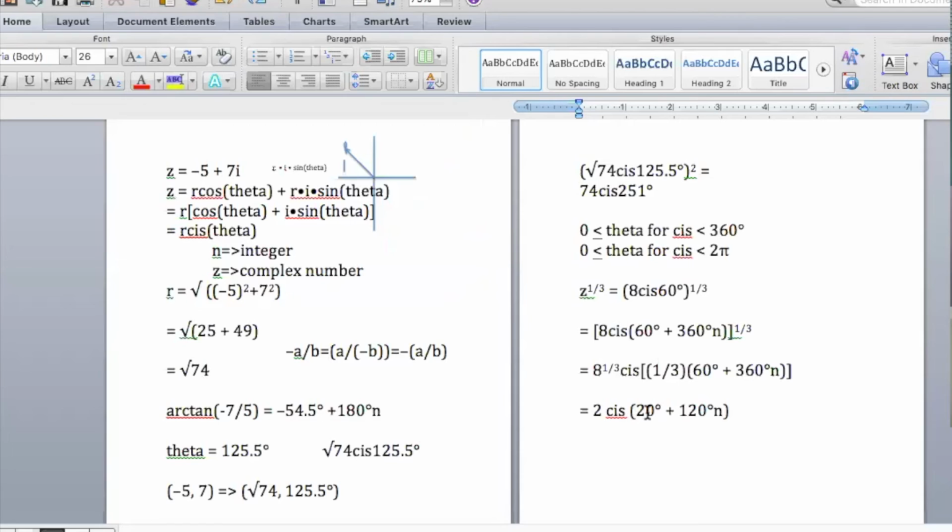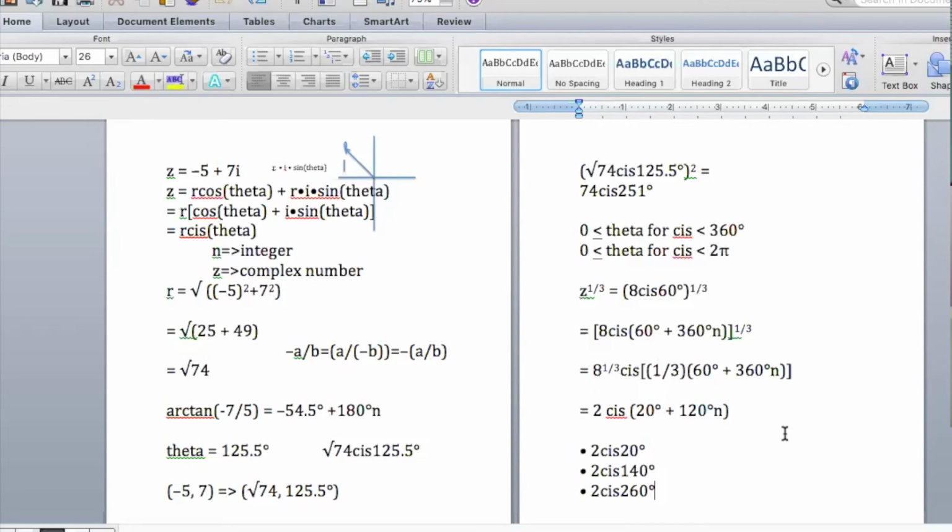So what happens here, when I divide this out, I get 20 degrees, right? 2 cis 20 is one of my answers. But the next answer is still going to be within 0 to 360. So what happens if n is equal to 0? It's 2 cis 20. If it's equal to 1, it's 2 cis 140.